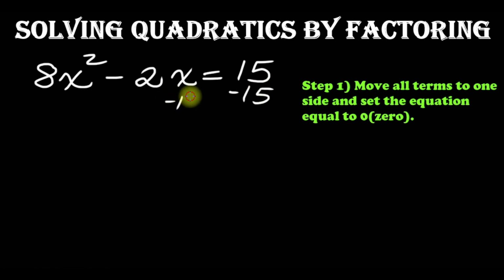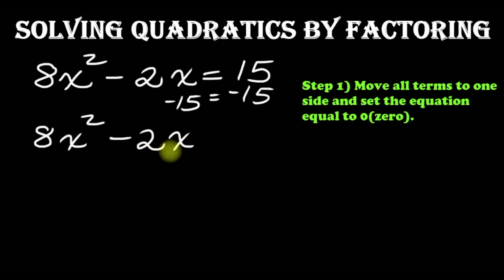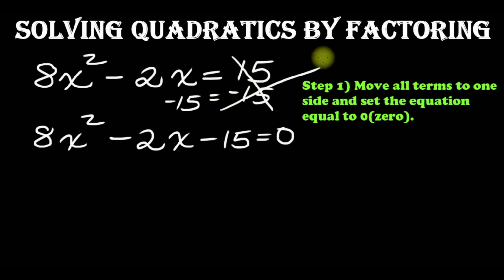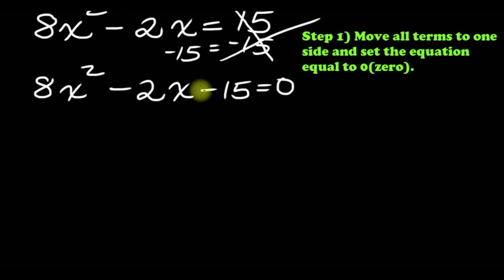And then you subtract 15 from this side. So it's going to look like this: 8x squared take away 2x minus 15, and then 0 on the other side. See how this comes out to 0? That's the first thing you got to do, set it equal to 0.